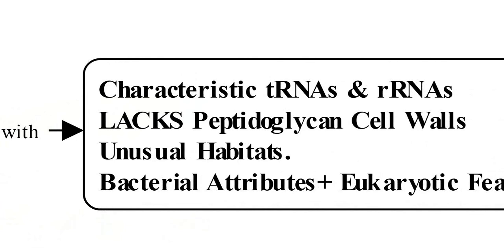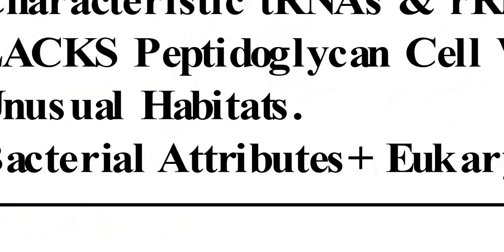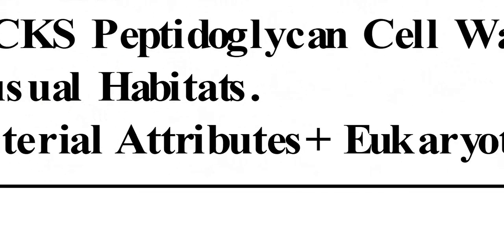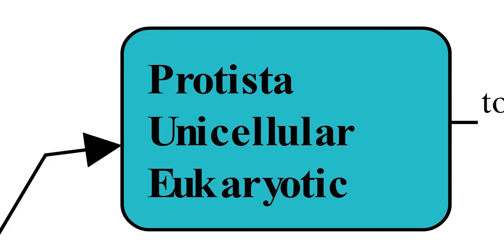So the archaebacteria show bacterial attributes as well as eukaryotic features. When compared to two kingdom classification, five kingdom classification is more superior.